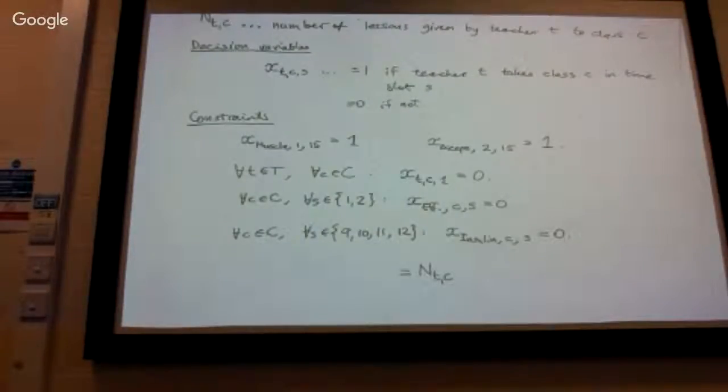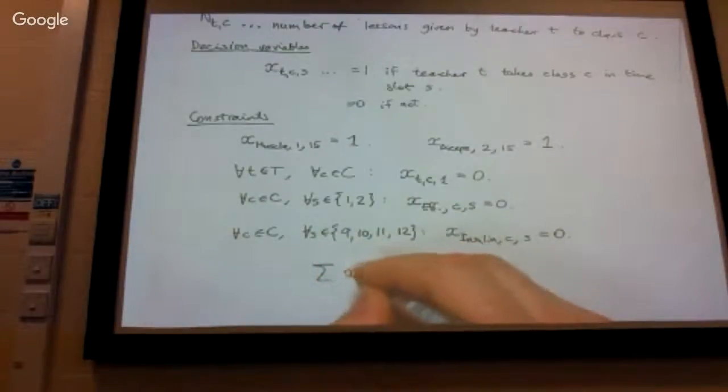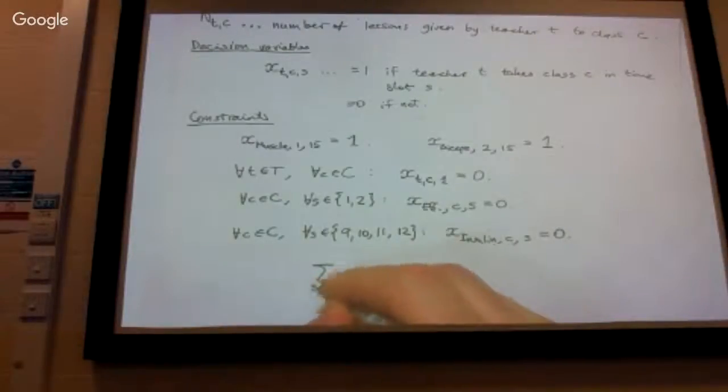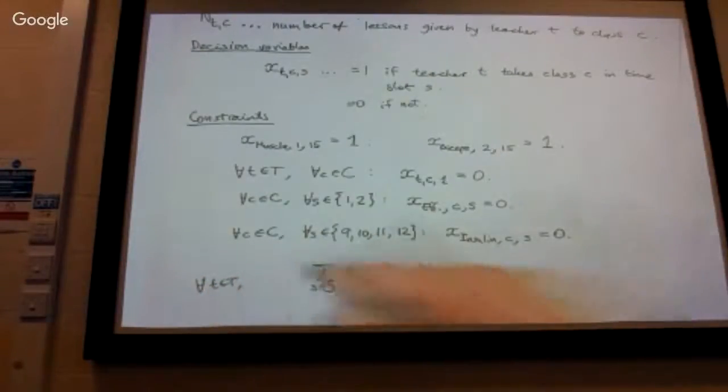Sum of x_TCS, and I want to add it over all the time slots. So this is going to give me the number of ones I have among them. And I want this for every teacher and for every class.